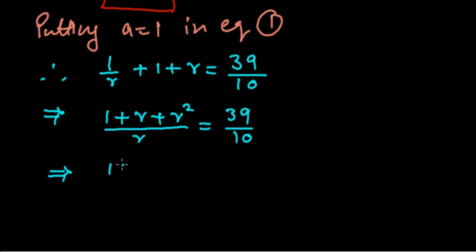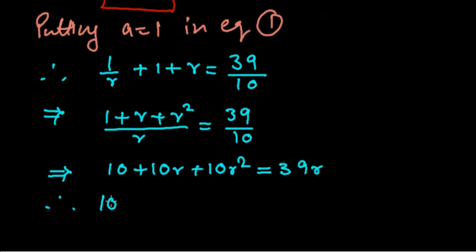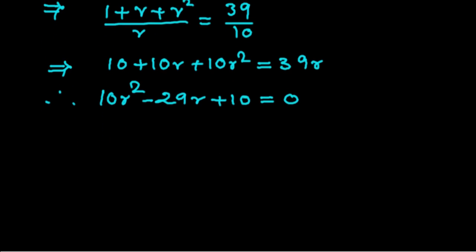This implies 10 plus 10R plus 10R square is equal to 39R. So therefore we will get 10R square minus 29R plus 10 is equal to 0. We have got the quadratic equation.